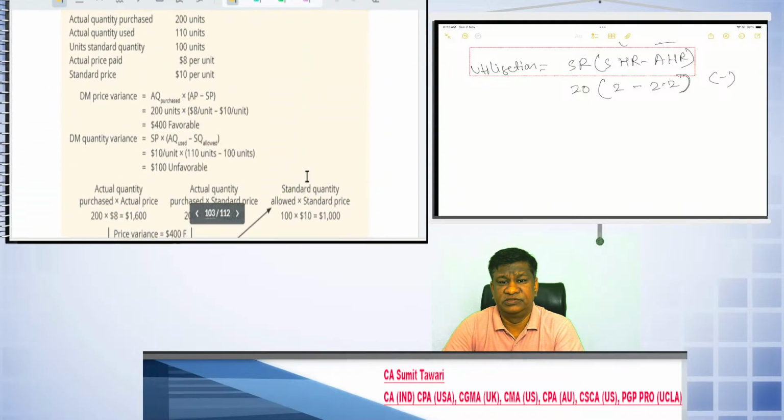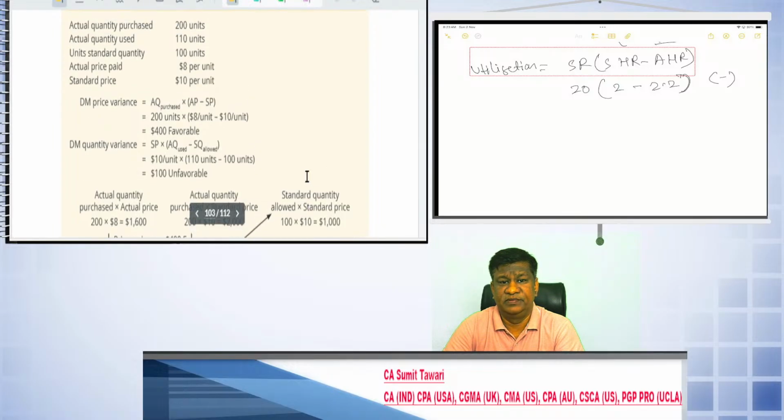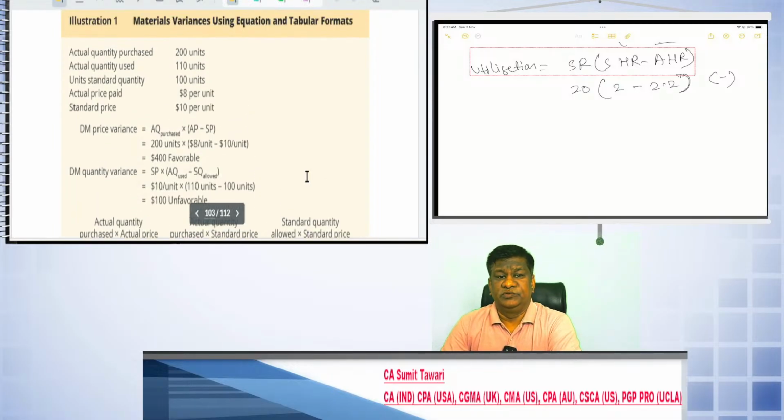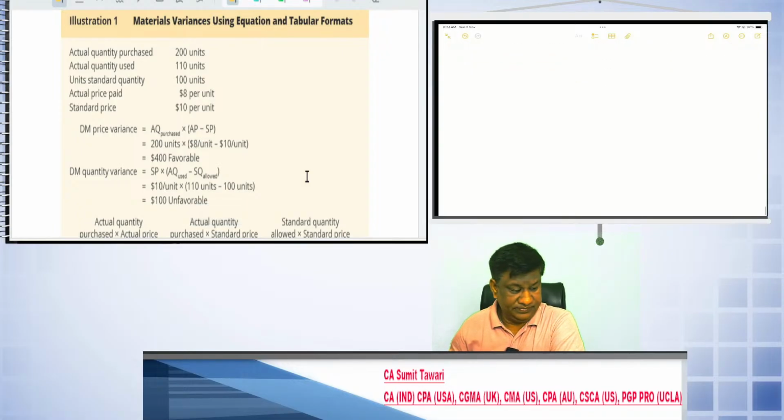So we need to solve this example. The actual quantity purchased is 200 units, and we have the actual quantity and the standard price. We need to calculate the material price variance, and I'll just put the numbers here. If I calculate the price variance, is the common factor actual quantity or standard quantity?